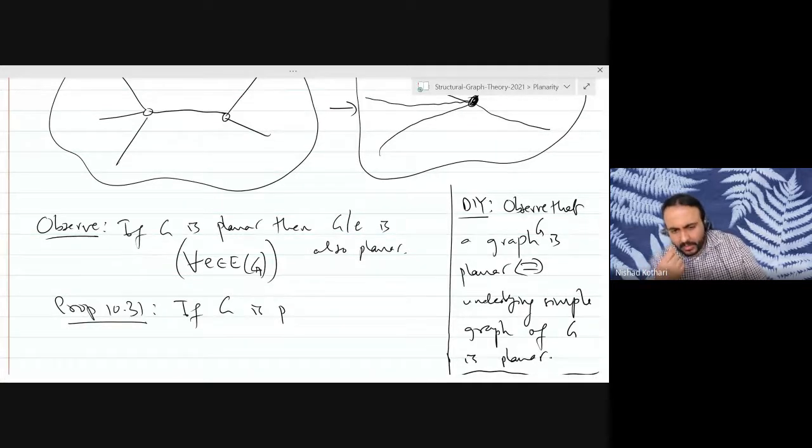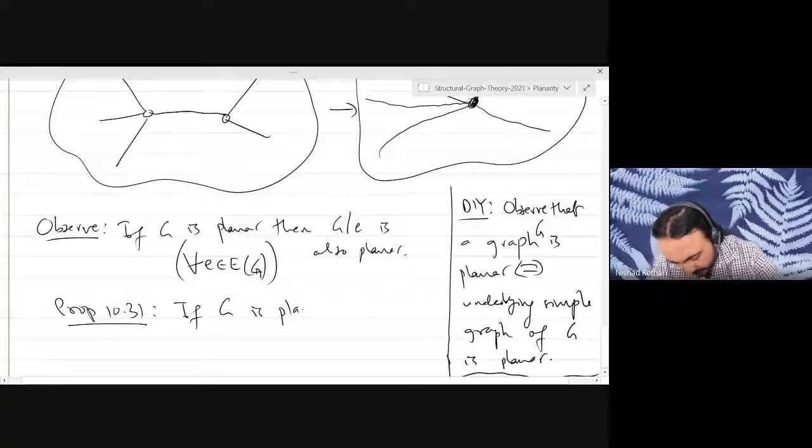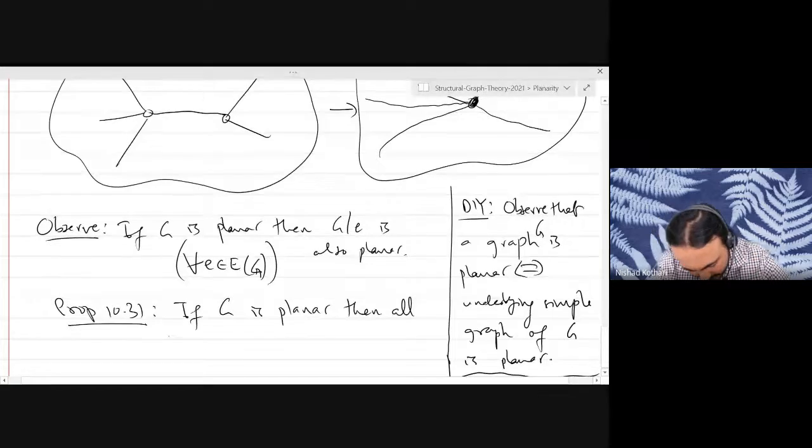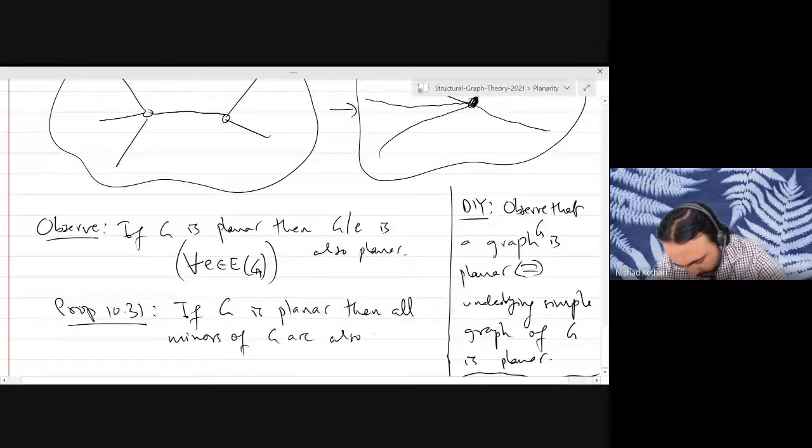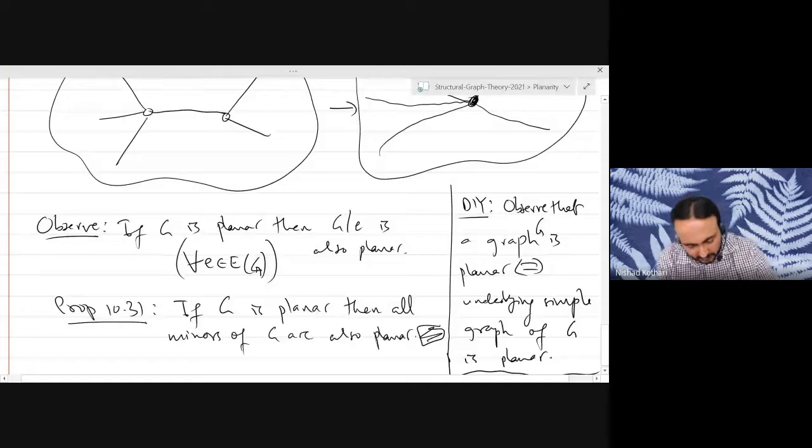What is slightly more non-trivial than those two is contraction of an edge, but that also preserves planarity. If G is planar, then all minors of G are also planar. This just follows from the observation.